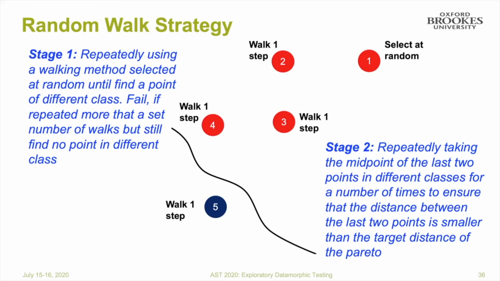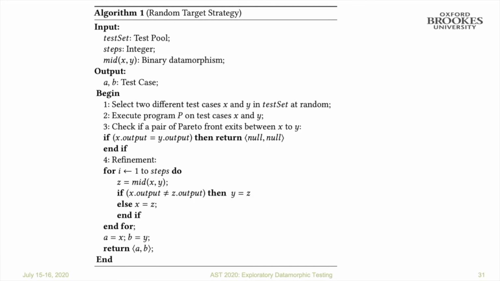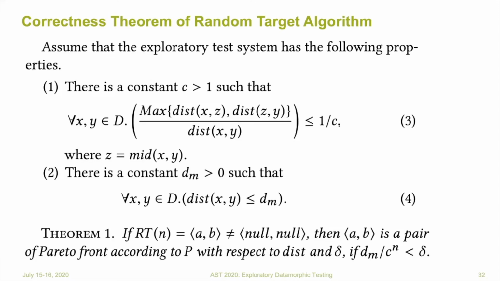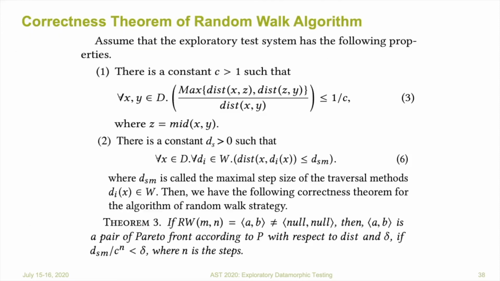Therefore, it is a random walk. Once we find 2 points in different classes, we apply the same stage 2 algorithm to refine the test case to find the parental front. In the paper, we give algorithms for implementing these strategies and prove the correctness of these algorithms.